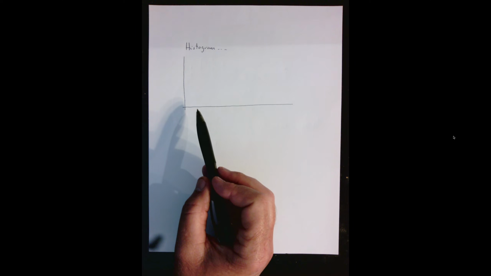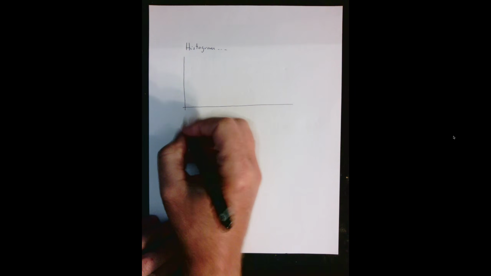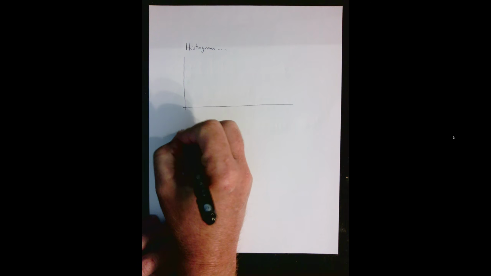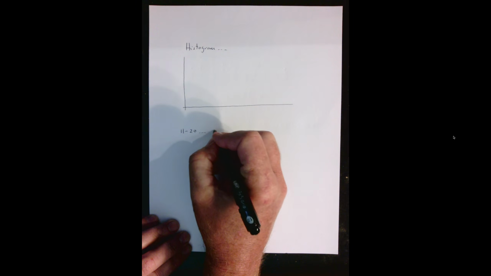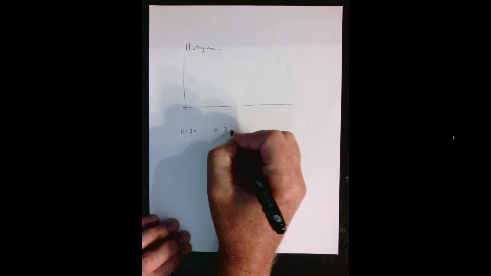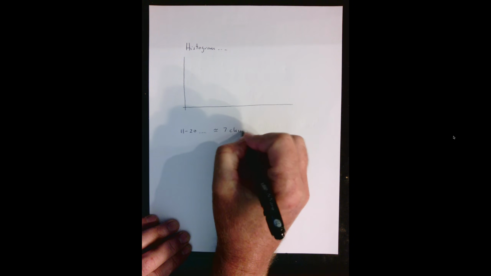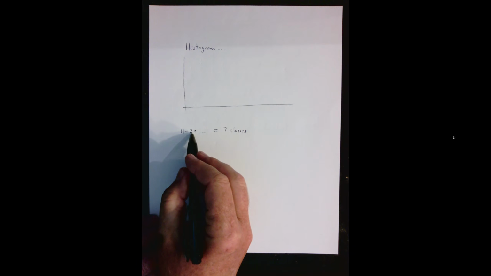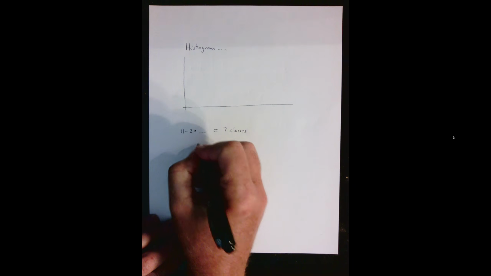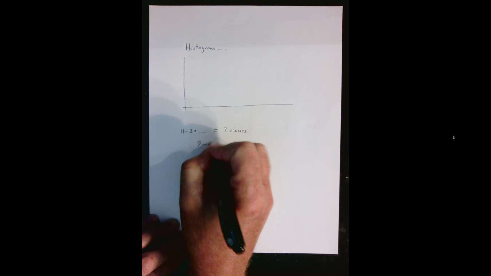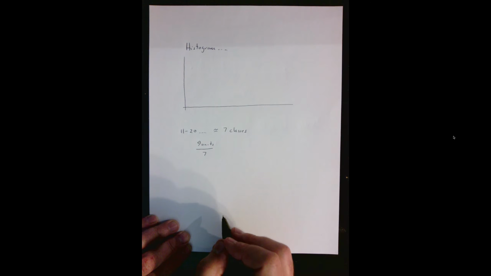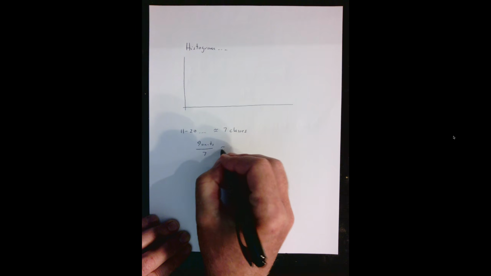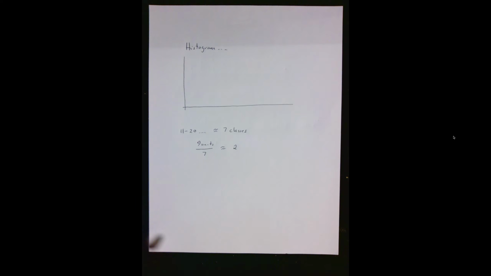Now, guys, let's think it through. Our data ranges from 11 to 20. And if we want to divide this into approximately 7 classes, then from 11 to 20, we're making a change of 9 units. And we want those 9 units to be spread equally over 7 classes, so we're looking at approximately a change of 2.